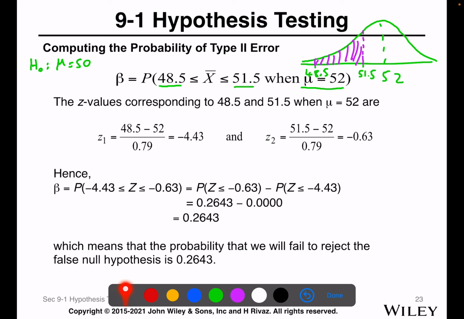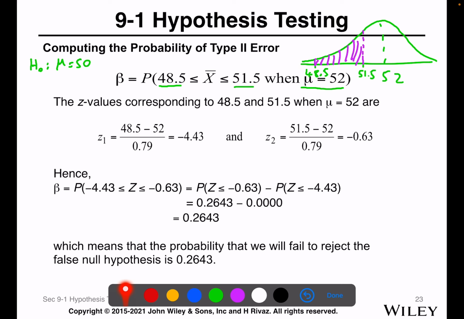But my null hypothesis is that the product has a mean of 50 grams, which is incorrect, right? The actual mean is 52. And somehow I have selected this to be the range that I accept or reject the null hypothesis. Again, don't worry about where these numbers come from. They are around 50, but we will see how we calculate this range.